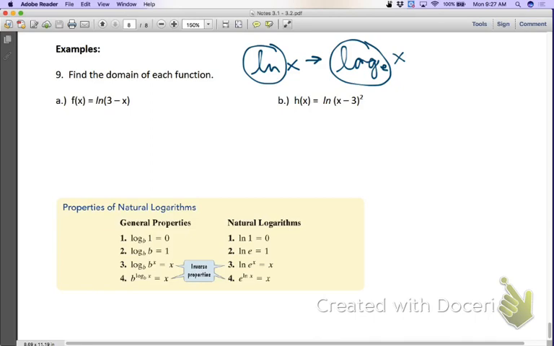You can change it into that if you need to, especially whenever you have to find the x-intercept and stuff like that. But as far as restrictions and what your domain can and cannot be, it's still the same setup here. You're going to set that greater than 0, like what can x not be, and it has to be everything in that positive direction.